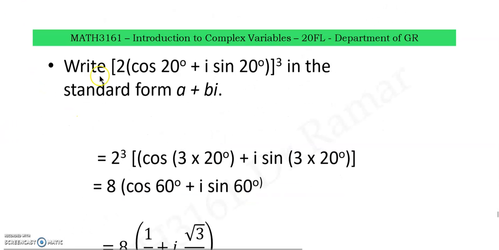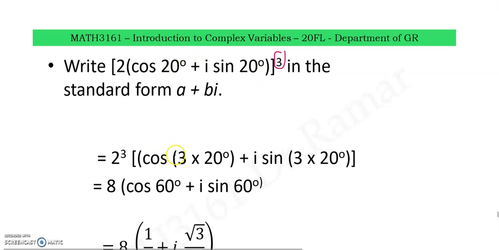Now write 2 cosine 20 degrees plus i sine 20 degrees, whole to the power 3, in the standard form a plus bi. Apply de Moivre's theorem: apply the degree 3 to the number 2, so 2 power 3, and apply the number 3 inside the angle.